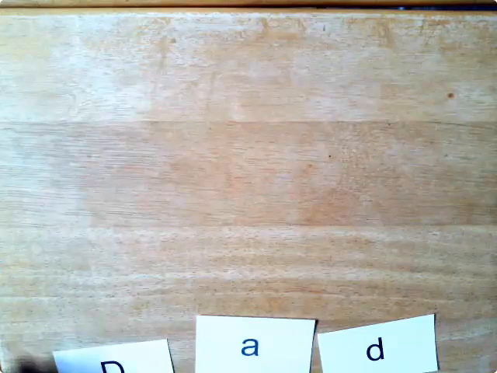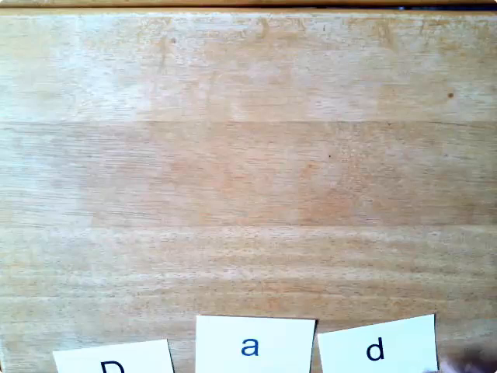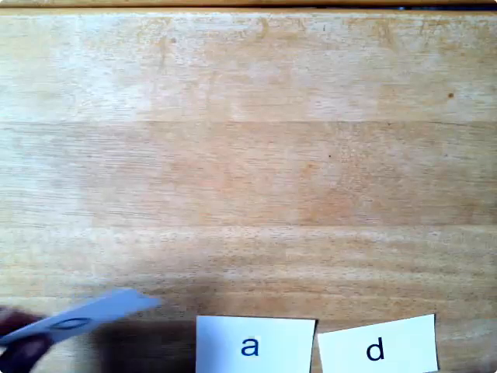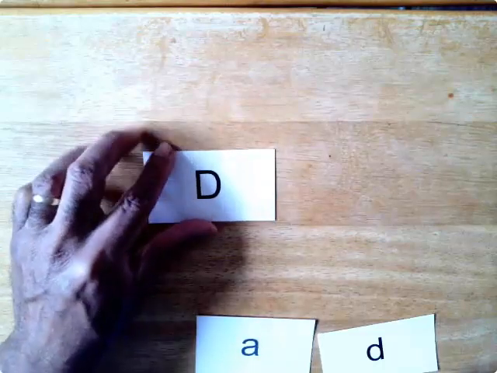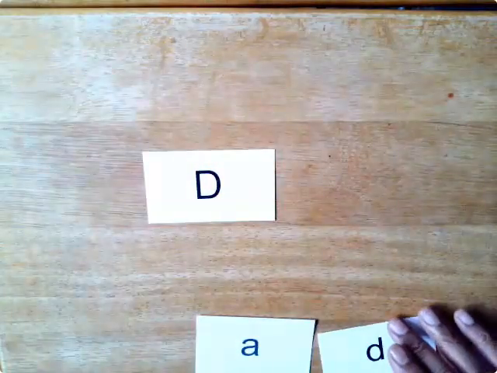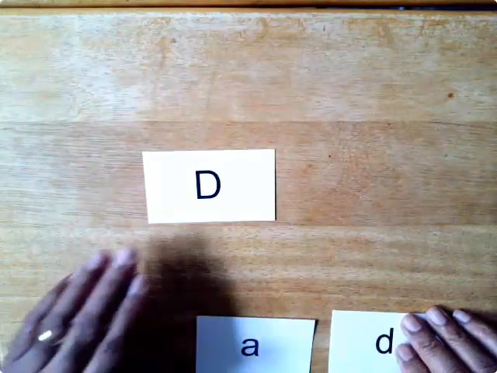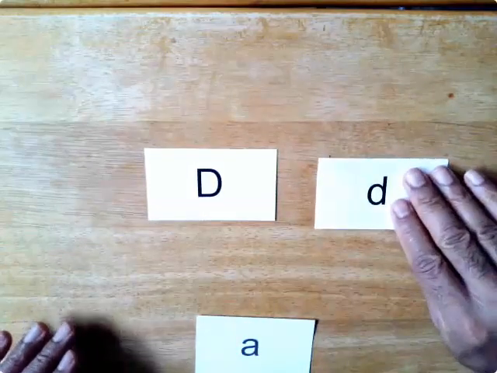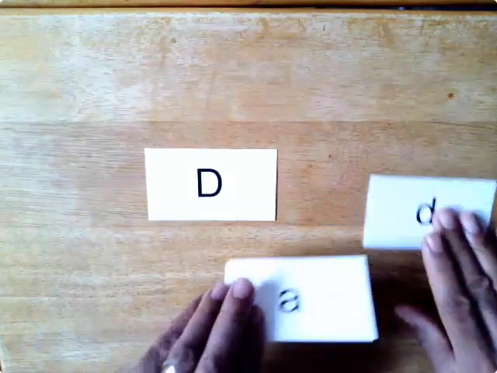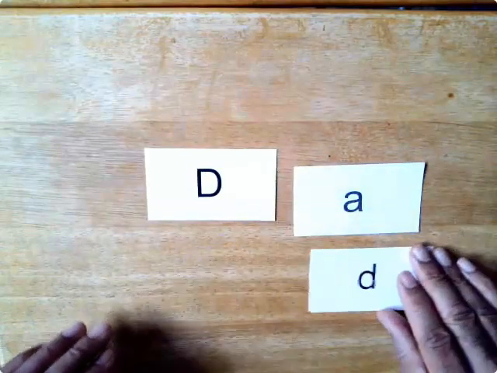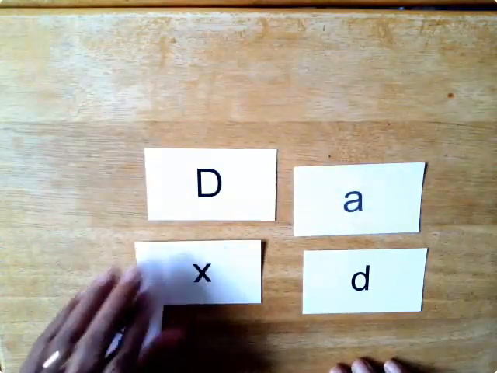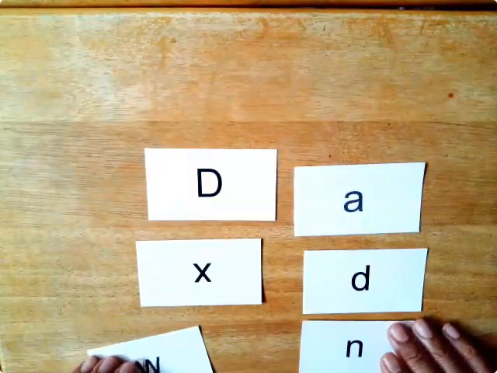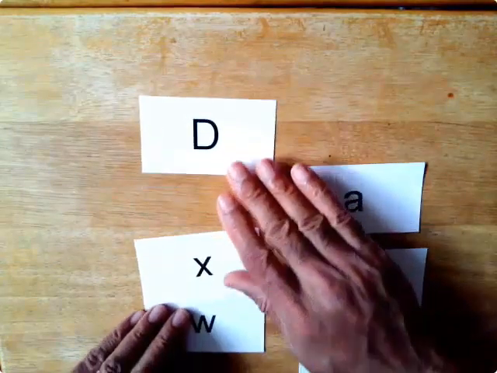And today, in this sound and say lesson, we're going to need the following letters and sounds. So get that letter out, D. If you should have a capital, also get a common letter D out. The vowel A, you're going to need that also. X, N, and W, okay?